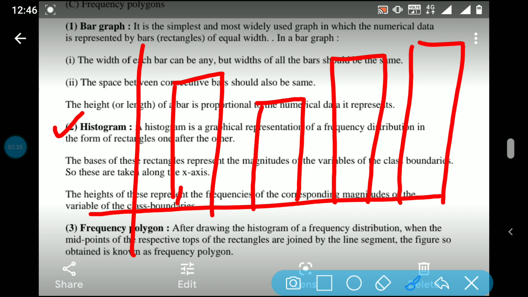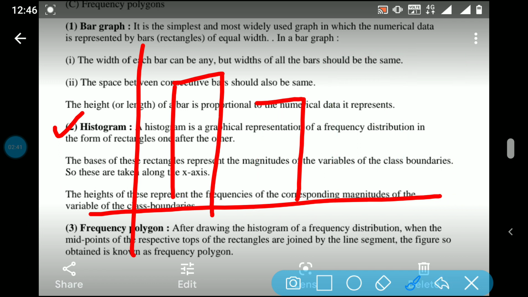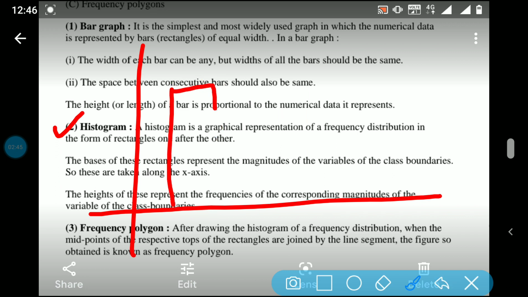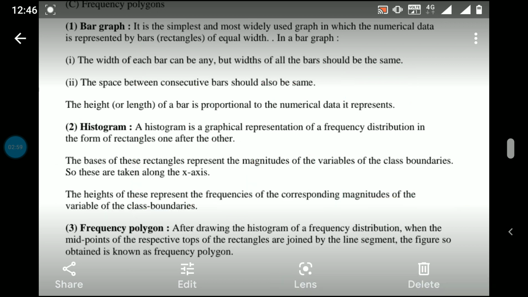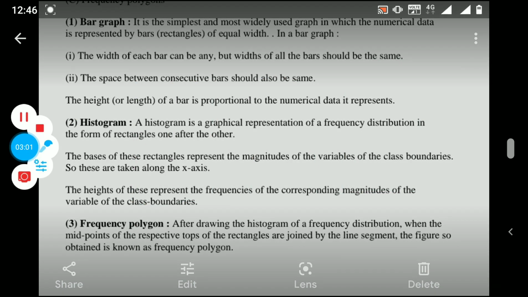This is a bar graph. And when you represent a histogram, the rectangles will be connected to each other, one after the other, like this. It is called a histogram. So this is the way that you can represent the data in histogram form.